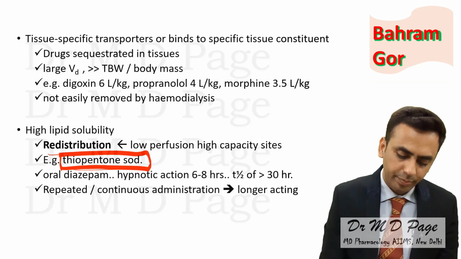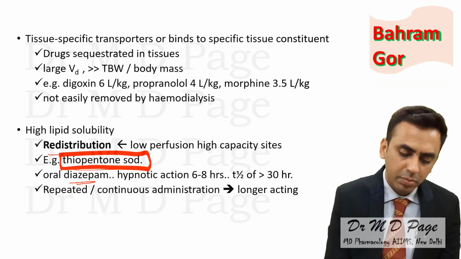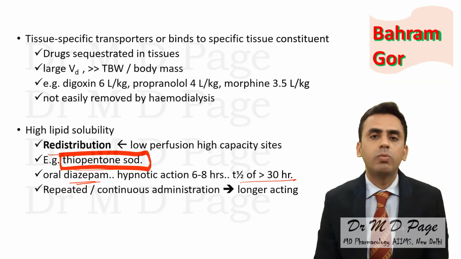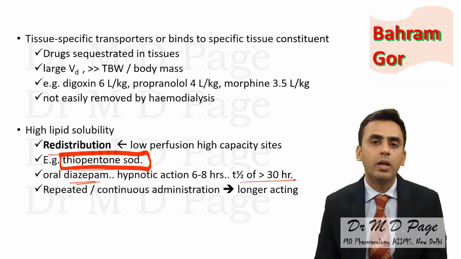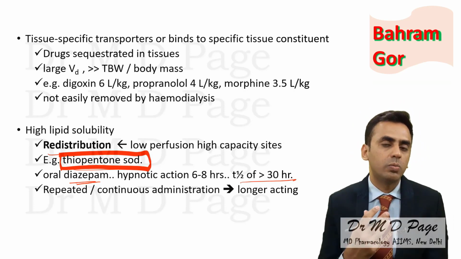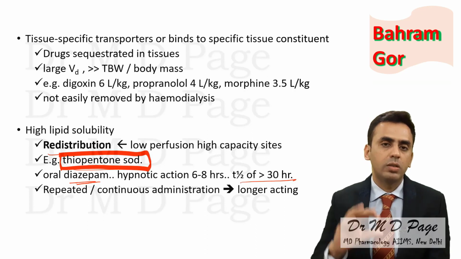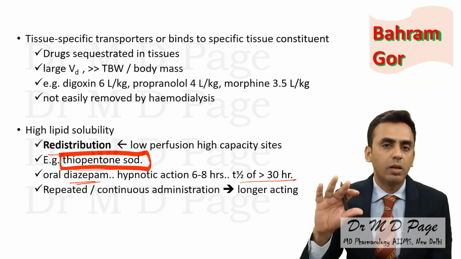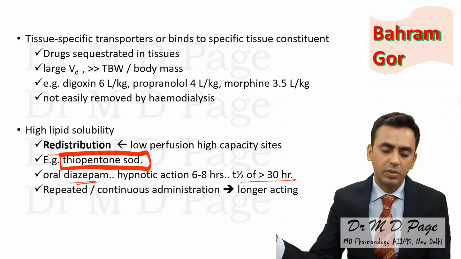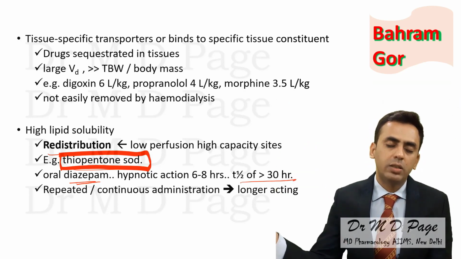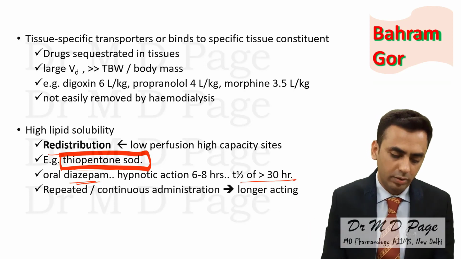Similarly, diazepam. Though it has a half-life of more than 30 hours, its hypnotic action is only 6 hours. Why? Similar thing. First it goes to the brain, then to other tissues. Other tissues take up the drug, blood diazepam levels decrease, and diazepam is redistributed from the brain back into the blood vessel.